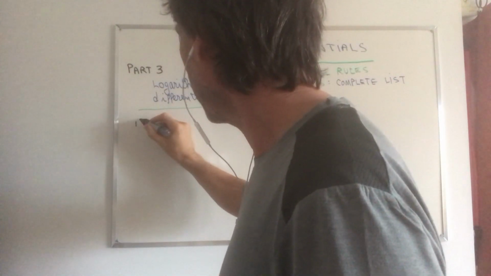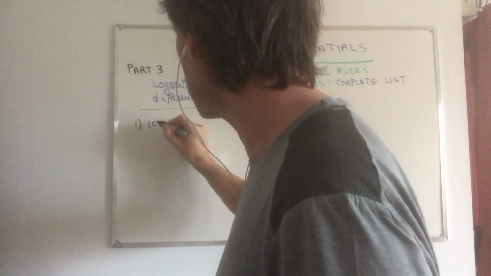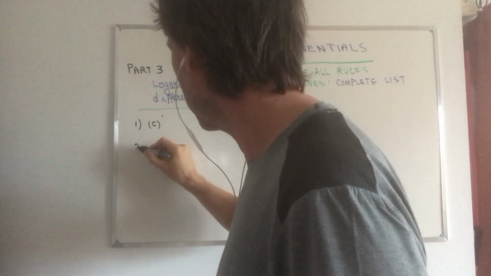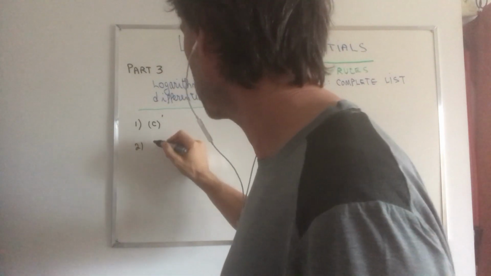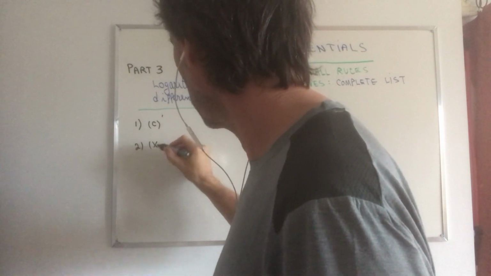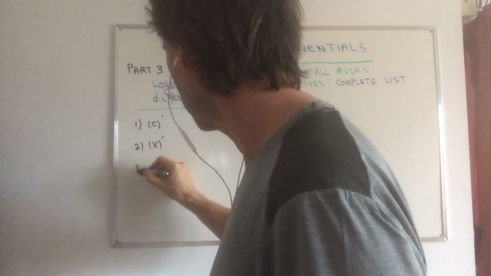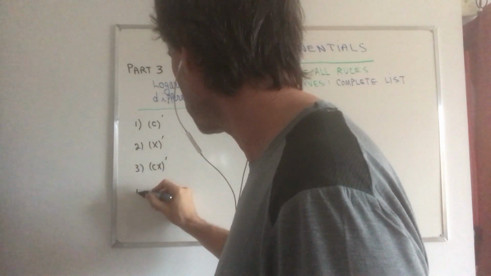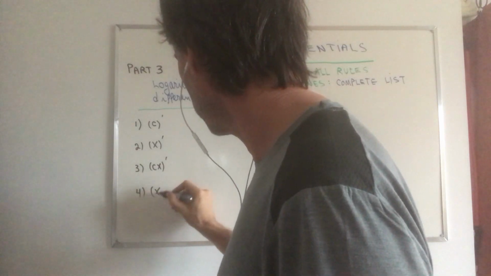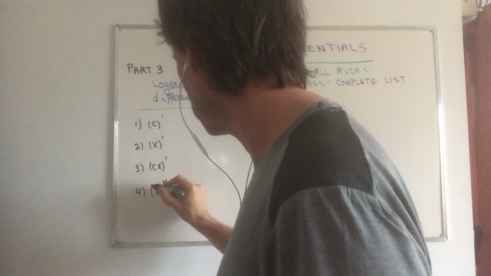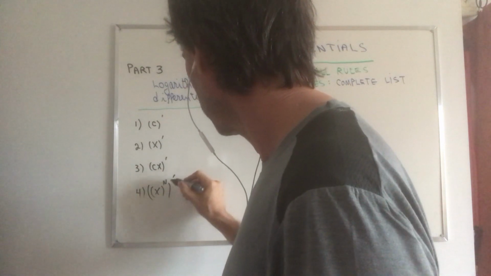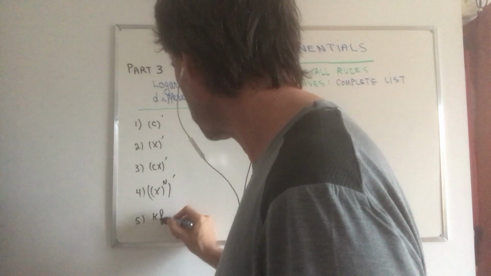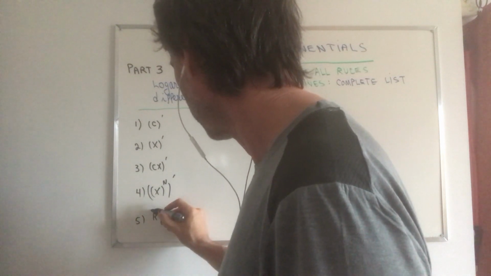Rule number 1, the derivative of a constant. Oh, this is going to take us way back. Now these are easy rules by now because we have become much better at this than we were a month and a half ago. 3, the derivative of x, then the derivative of a constant times x, then the derivative of x to a power of n, and the derivative of a constant times f of x.